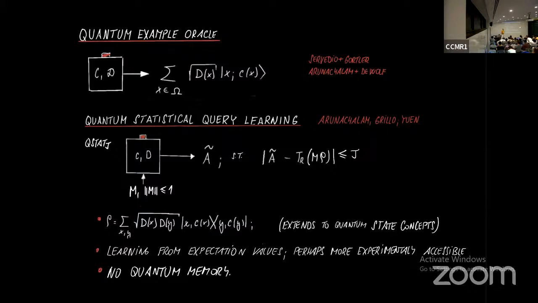That also motivates it, because you can say that because we have error mitigation and other techniques like this, it might be more experimentally accessible, in principle. Also notice that it doesn't have any quantum memory. All these observables, all these expectation values run over a single copy of the target state. So this is quite important.